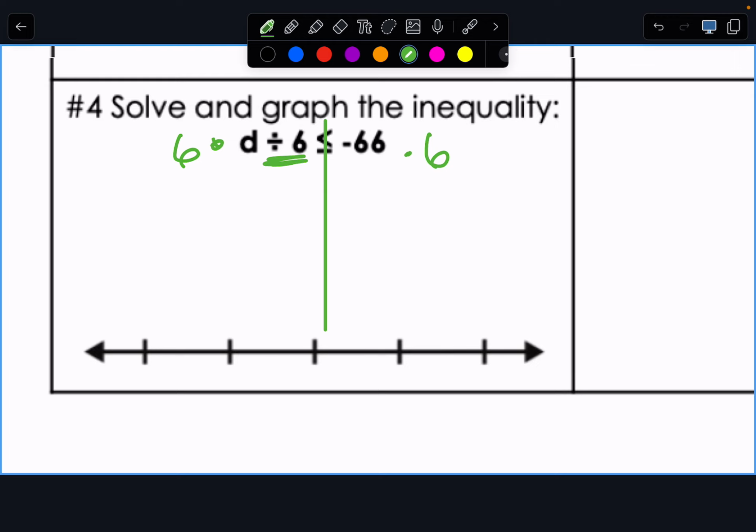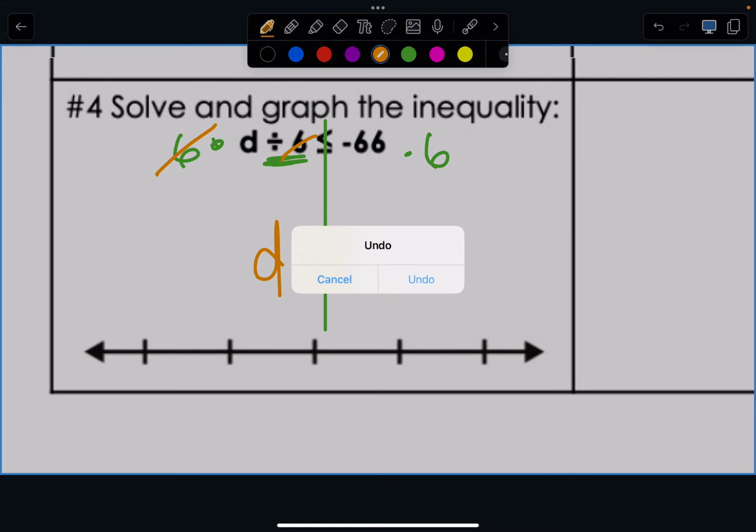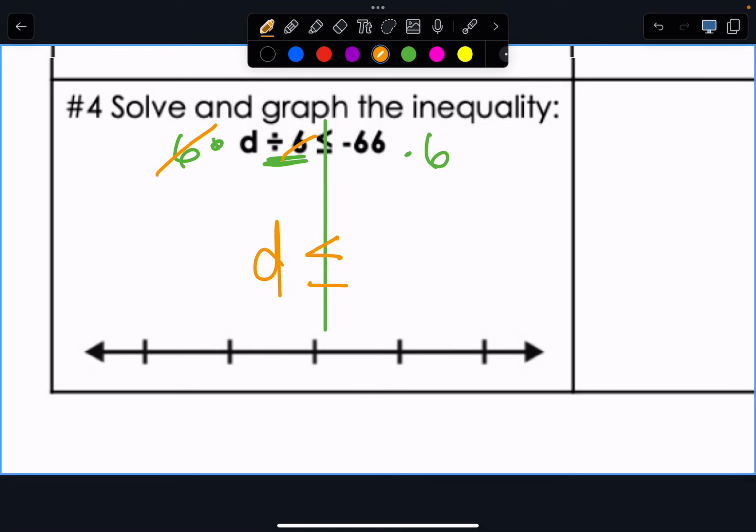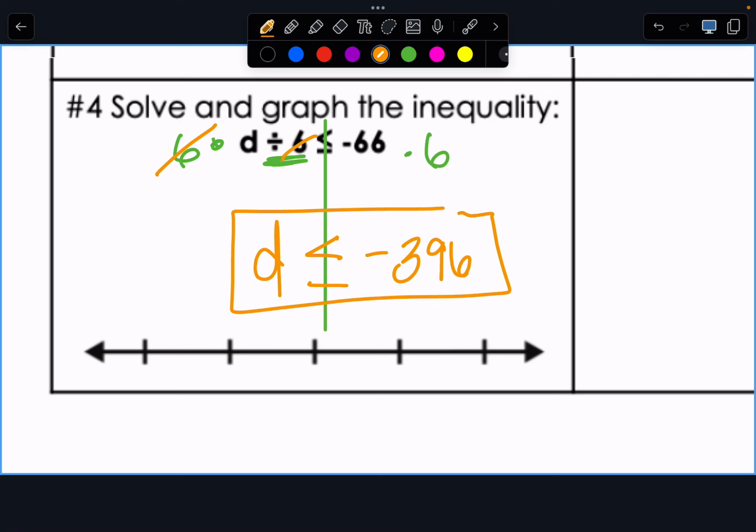Wait, pause. This is a positive number, okay? So we do not flip this sign. This remains less than or equal to, and I do not know what negative 66 times 6 is. I got you. Negative 66 times what? We were multiplying, my dear. Oh, I was right. Yes.